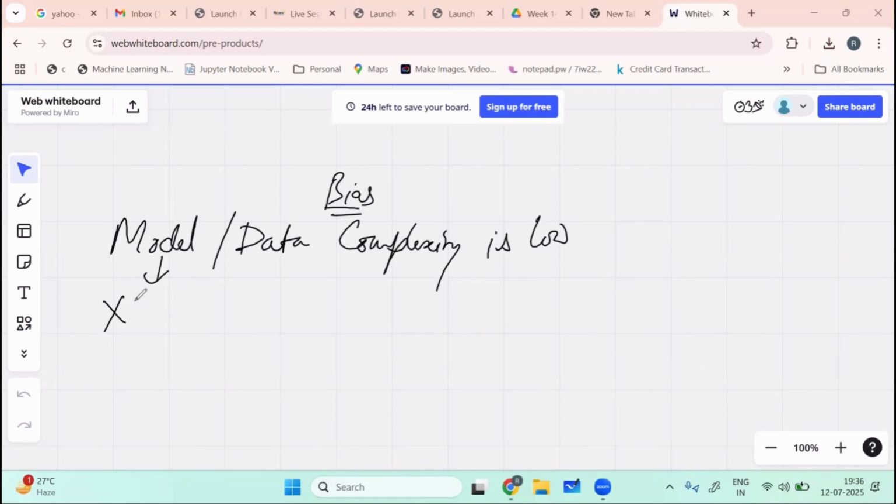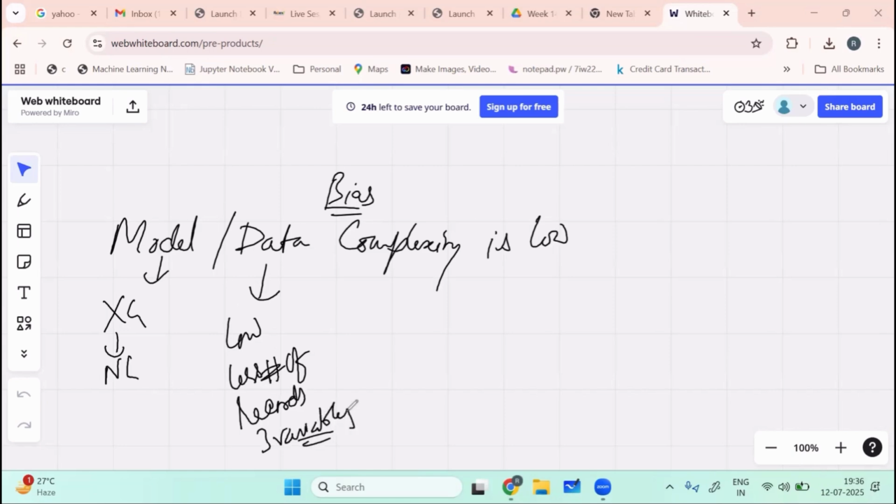Structures from XGBoost to neural networks. Or data, which means I'm dealing with low dimension data or fewer records. Let's say I have only three variables to predict whether India will win the match or not.